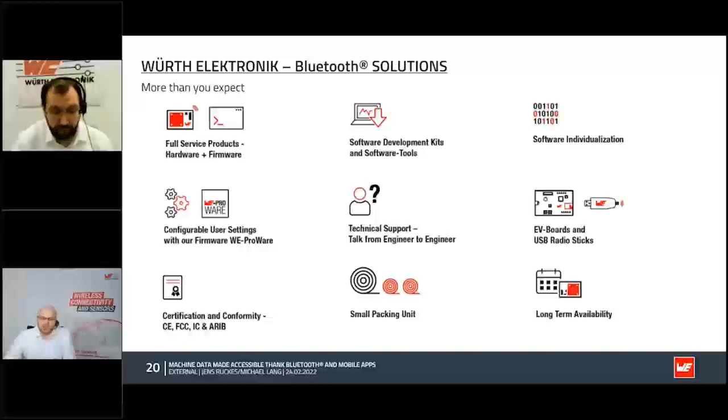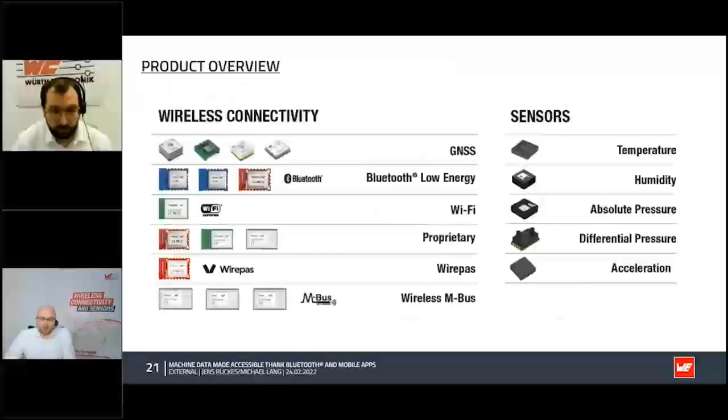And to come to an end, a very short overview of what we have in solutions in wireless connectivity and the sensor world. GNSS, GPS solutions, Bluetooth Low Energy, which we have talked about today. Wi-Fi is also a solution. Proprietary, which means a non-standard protocol, is very flexible to adjust to your application.